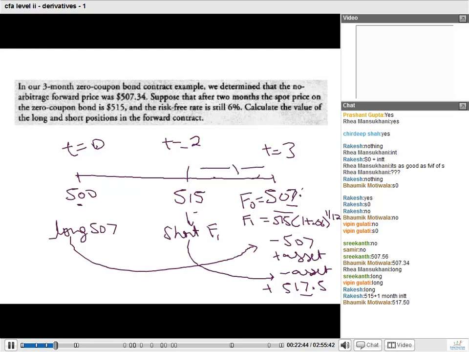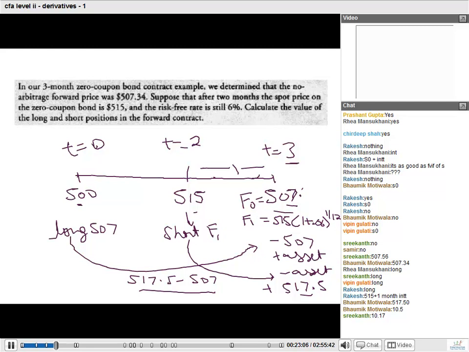It is F1 minus F0. It will be 517.5 minus 507. So 517.5 minus 507 is my assured payoff at the time t equal to 3.